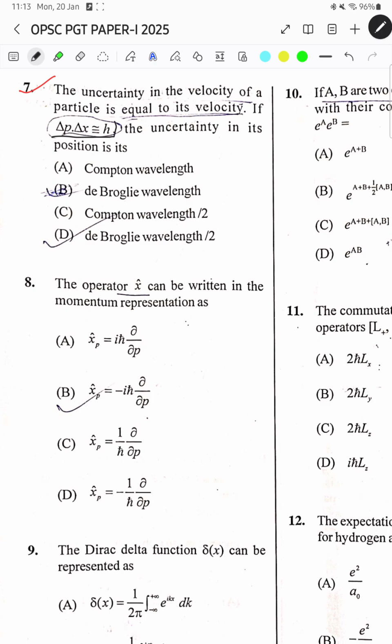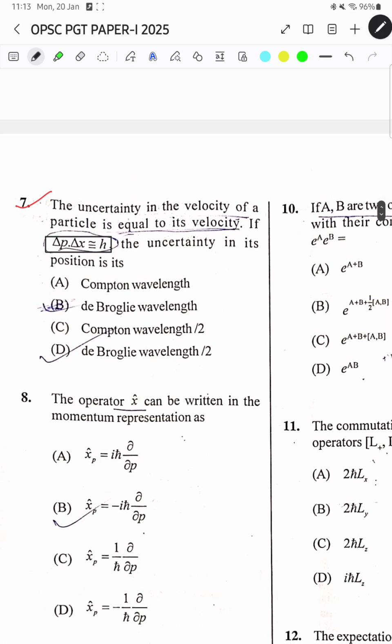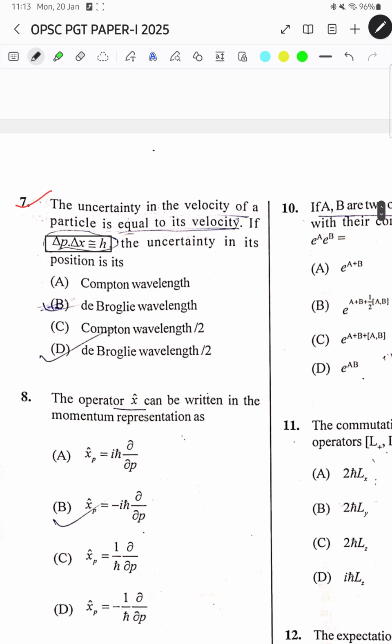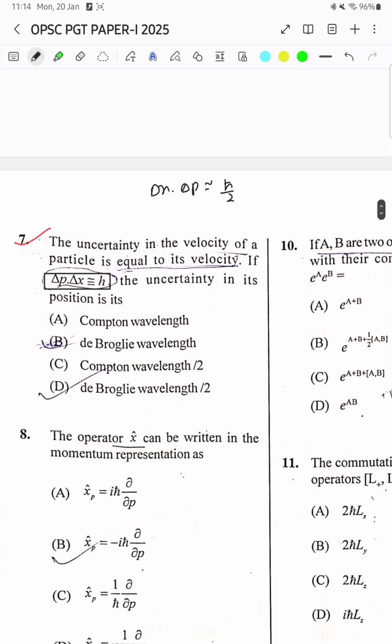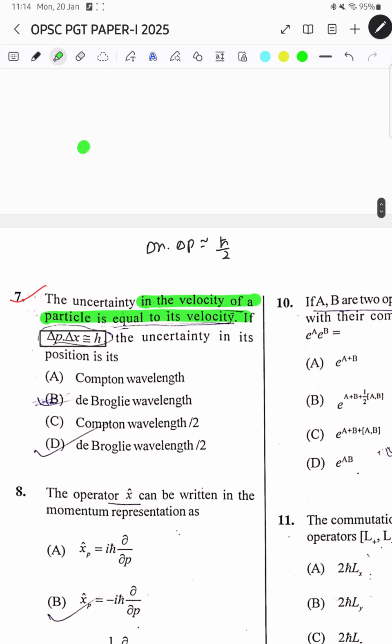You see the uncertainty relation given is this. So we can't just use del x del p is equal to h cross upon 2. We have been given the uncertainty relation, so we have to stick to this relation only. Okay, let us see how we could solve this. The question is: given the uncertainty in the velocity of a particle is equal to its velocity.